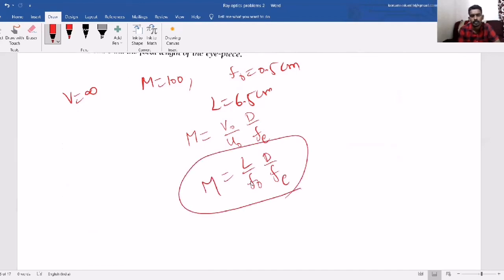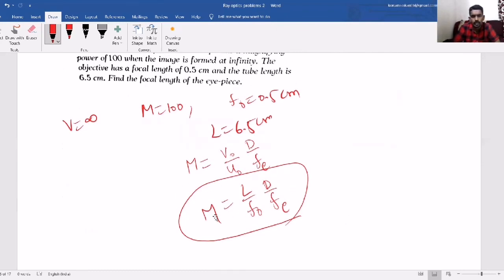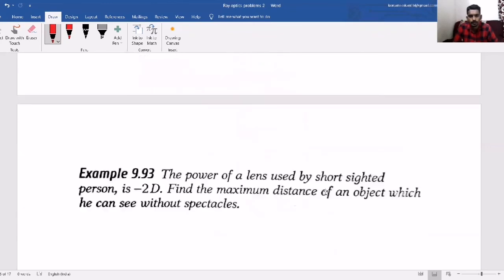Now the L value is given, the D value is 25 centimeter, the M value is given, the F0 value is given, then you can find the Fe value. This way they can ask you. They will mention the condition, whether the final image is at D or at infinity. Depending on that only you have to take the formula, and then solve the question.